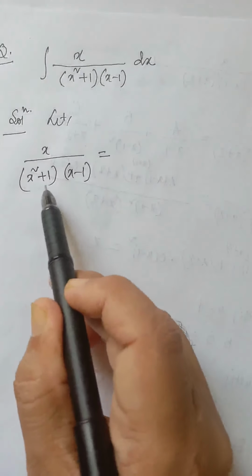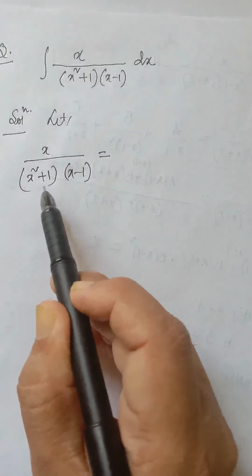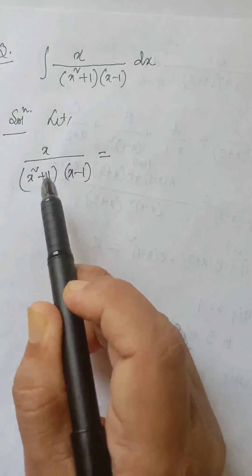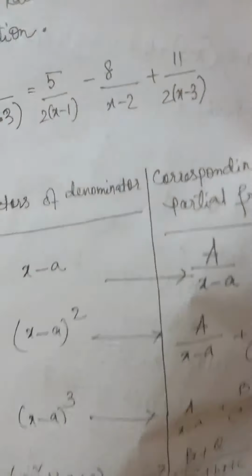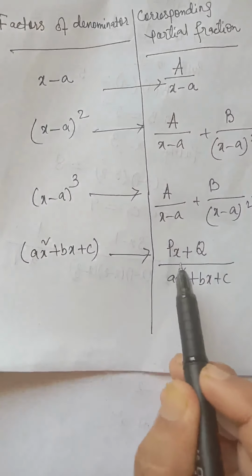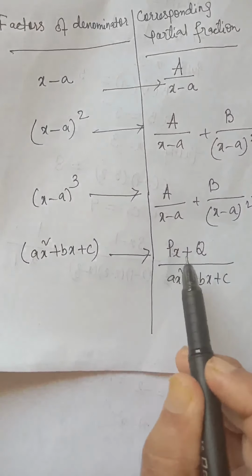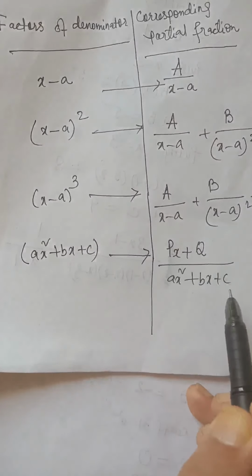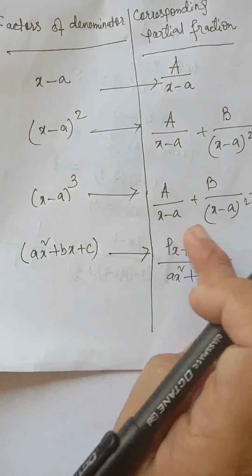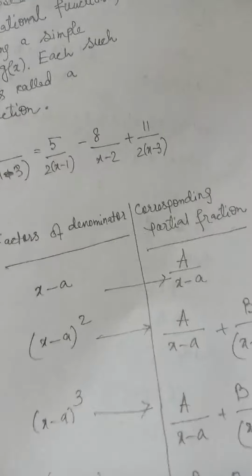Now this x square plus 1 is a quadratic factor. We cannot factorize this one. For a quadratic factor, the corresponding partial fraction is px plus q by ax square plus bx plus c. That is, this factor will be in the denominator and the numerator will be of the form px plus q.